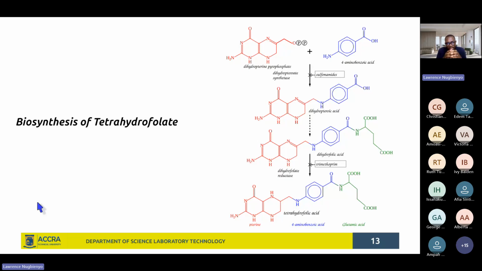So let's start with the system of the synthesis of tetrahydrofolate. Tetrahydrofolate is one of the coenzymes that we saw. We also refer to it as folic acid.